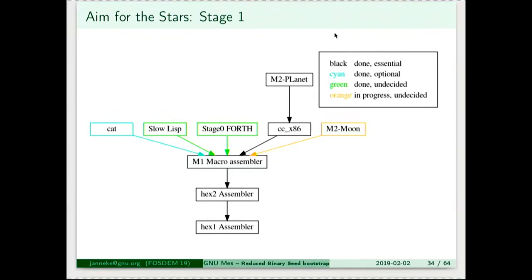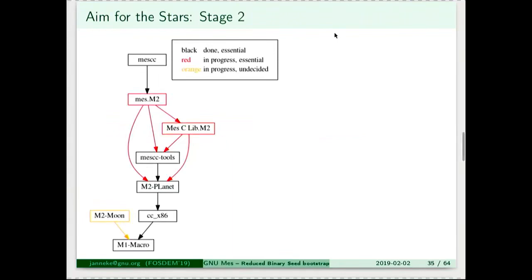Then you can see where this goes, because now here is MES, which is currently a C program, but I've been working for weeks now to get the C program MES translated into M2.